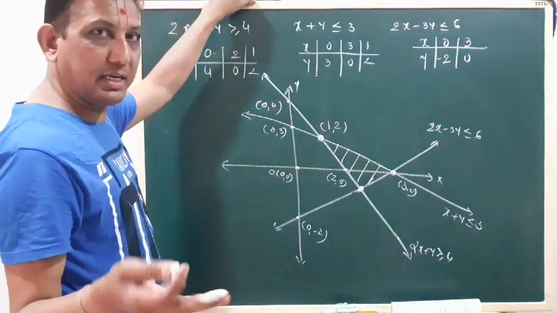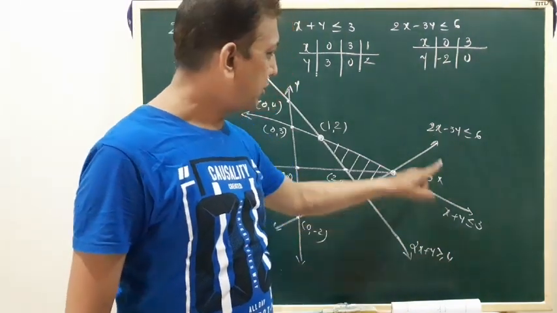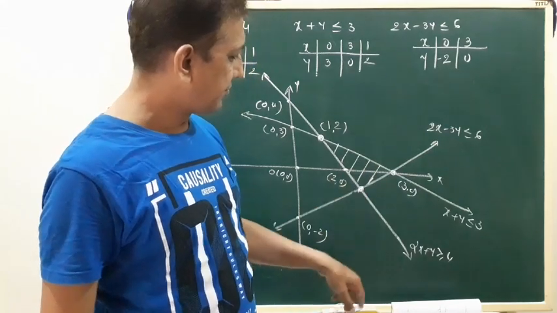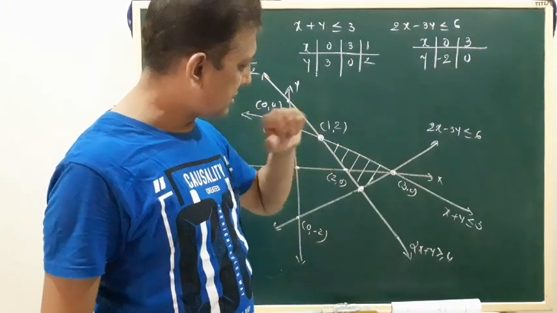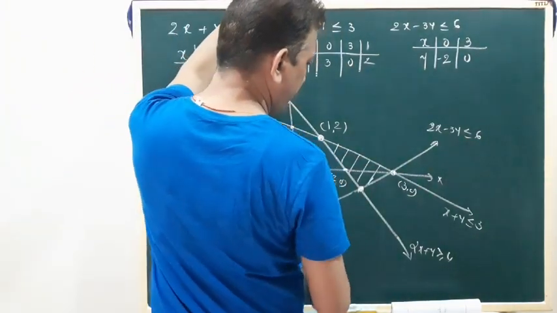You can also do it directly. First we write the equation 2x plus y equal to 4. Below it, the equation 2x minus 3y equal to 6. Now change the sign: minus, plus, minus. So y plus 3y is 4y, and 4 minus 6 is minus 2.